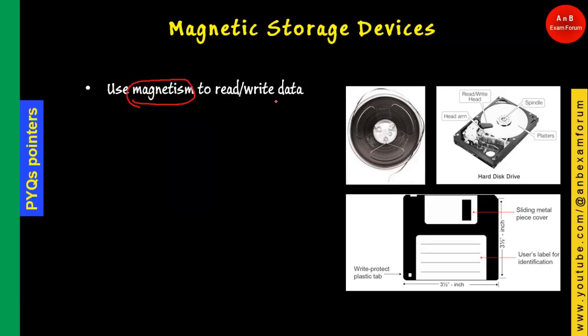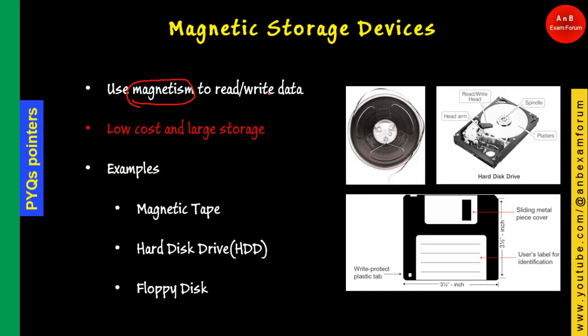Generally these storage devices are very cheap and can store a large amount of data. An example is magnetic tapes. As you can see, a ribbon is there, and the ribbon has a magnetic characteristic.